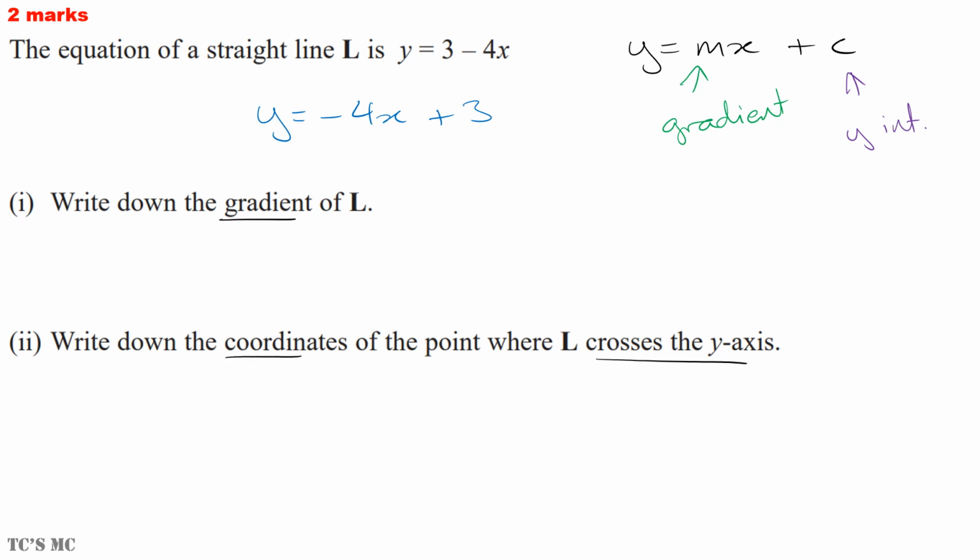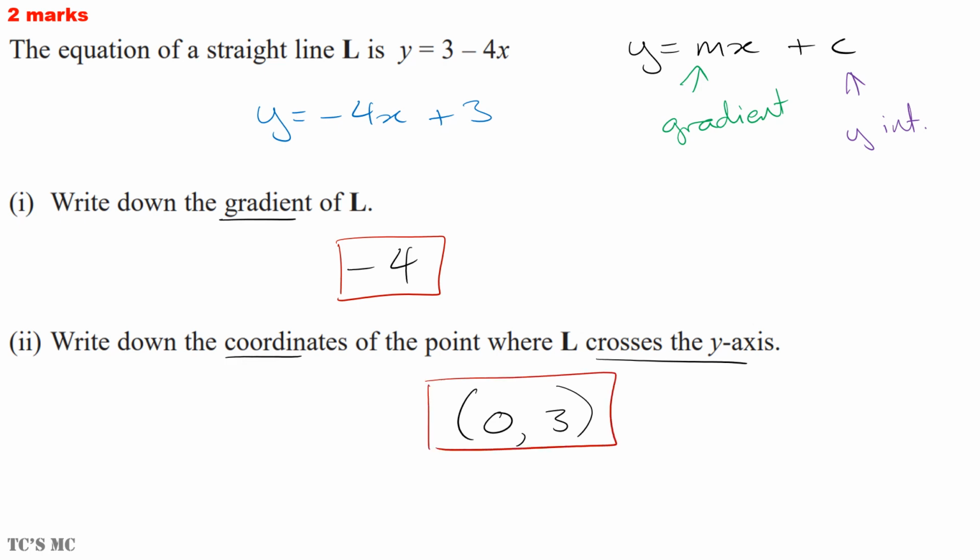That means the gradient is negative 4, and that gets us 1 mark. The coordinate would be 0, 3. When a point lies on the y-axis, the x-coordinate is 0. And for writing this, we have another mark.